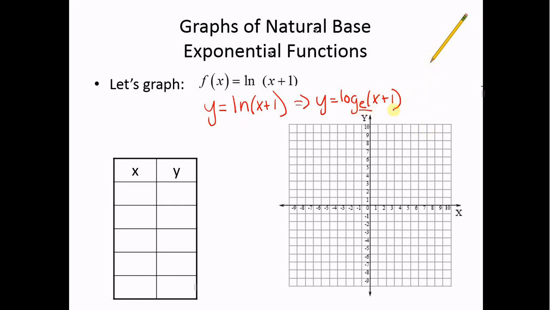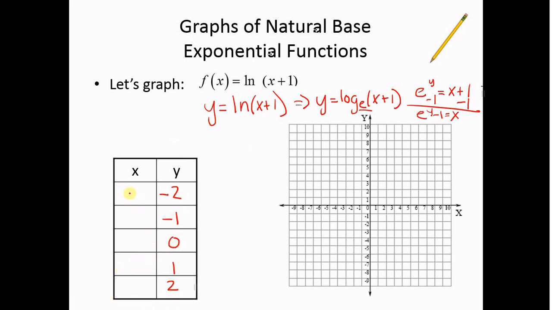So we got e to the y equals x plus 1. I'm not solved for x yet, so let's subtract 1 from both sides. So we got e to the y minus 1 equals x. Wonderful. So now, just like last time, you're going to plug in for y and not x. So it's going to be -2, -1, 0, 1, and 2.